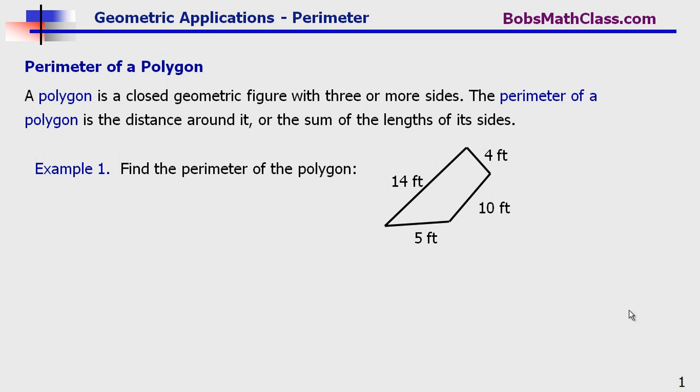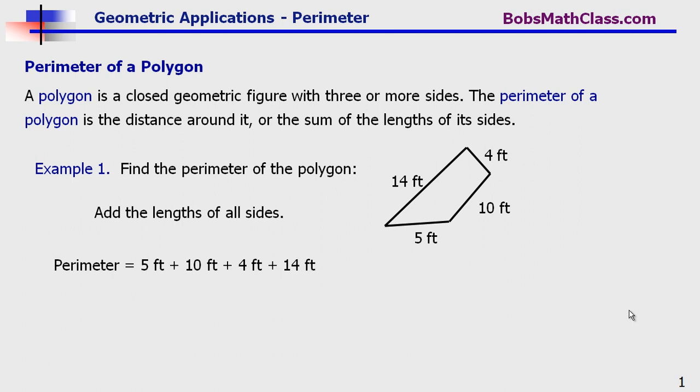So perimeter just means the distance around it, the sum of the sides. So we're going to add all the sides. So it's 5 plus 10 plus 4 plus 14. Doesn't matter what order that you add the numbers in.